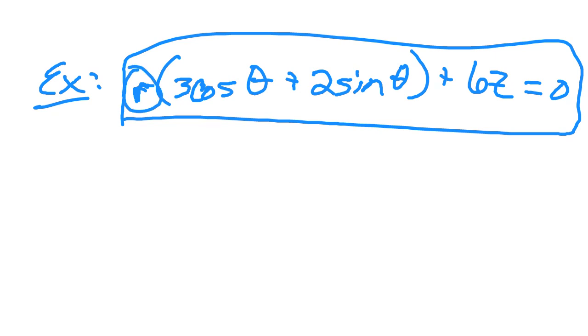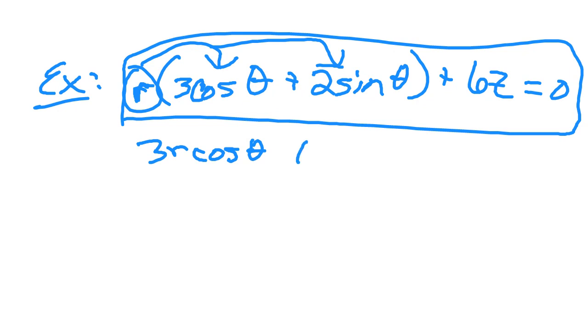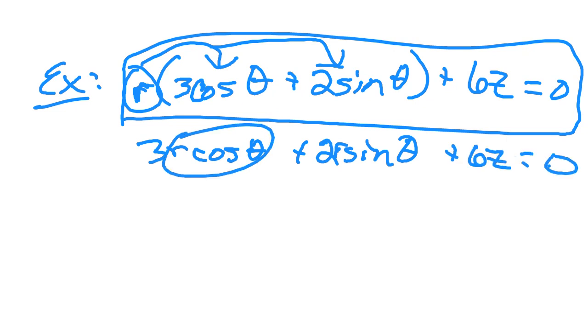We can just multiply that r through there, right? And I have 3r cosine theta plus 2r sine theta plus 6z equals 0. And of course, I can replace the r cosine theta with x, and the r sine theta with y.